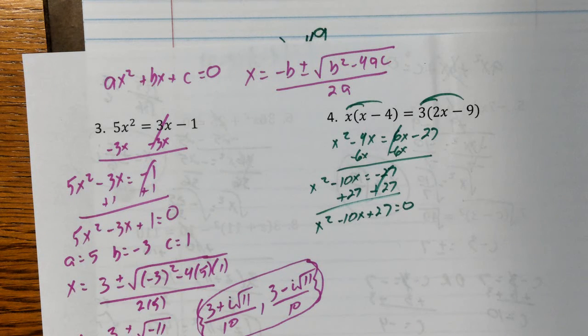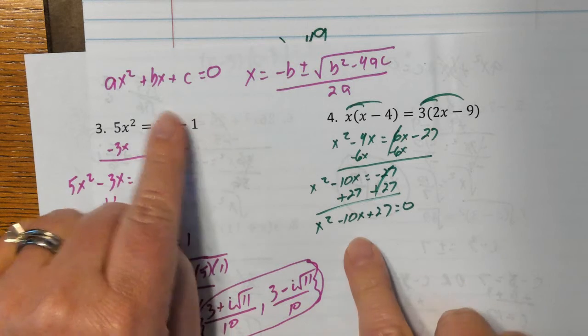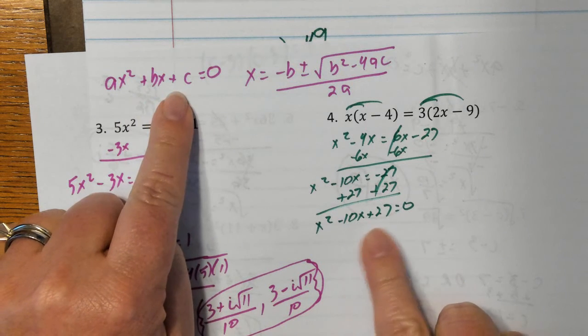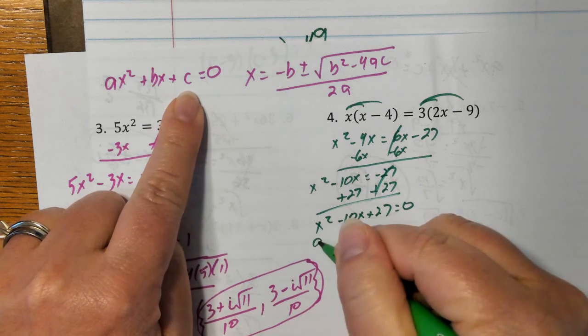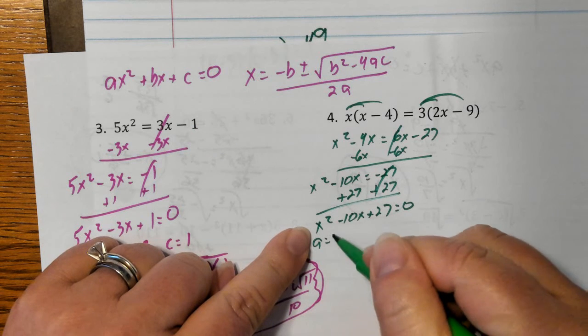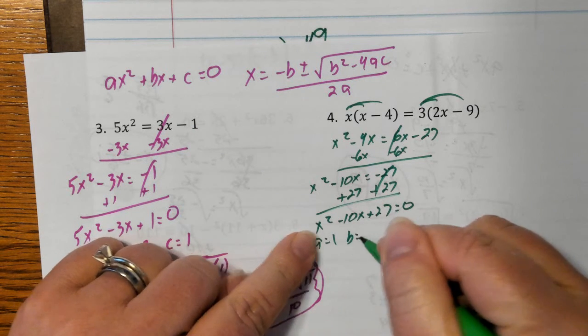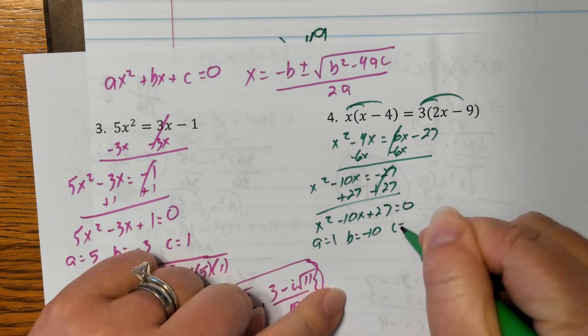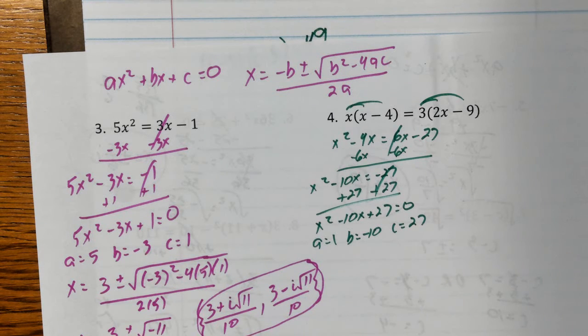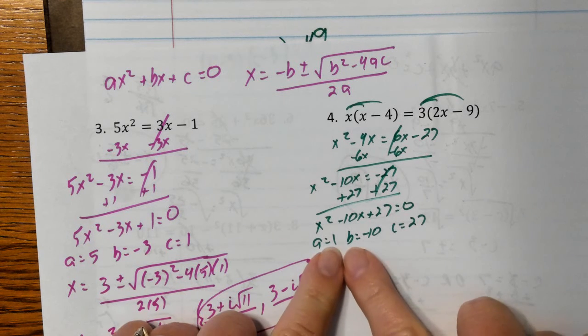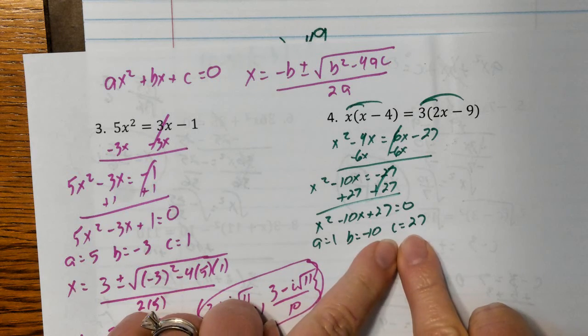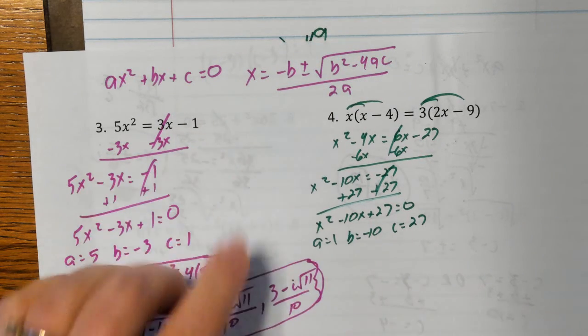Now it's set equal to 0. It looks like the way that I need it. ax squared plus bx plus c equals 0. My a value is going to be the number in front of x squared, which in this case is a 1. The b will be negative 10. And the c will be 27. I'm going to plug 1 for a, negative 10 for b, 27 for c in this equation up here.